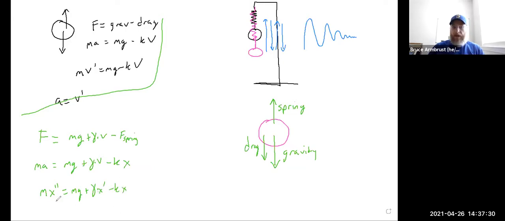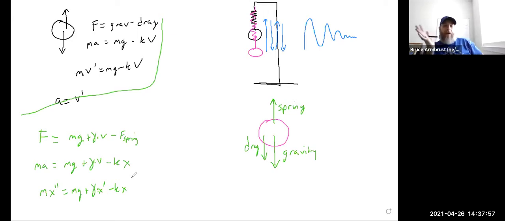And this one is second order. And in fact, it's linear second order. It's non-homogeneous because there's mg. But this one, there's no way that we can do this without creating a second order differential equation.